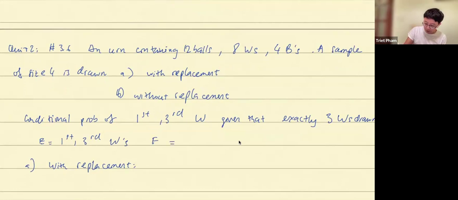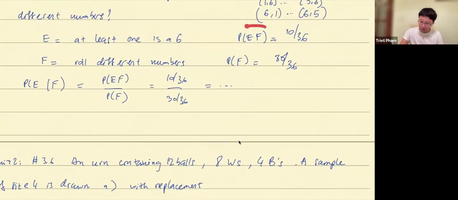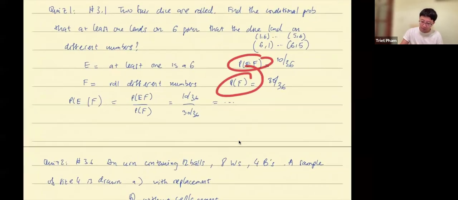Let F be the event that exactly 3 white balls are drawn. So our task, of course, is to calculate P(E∩F) and P(F).